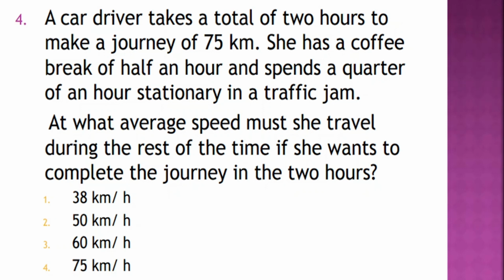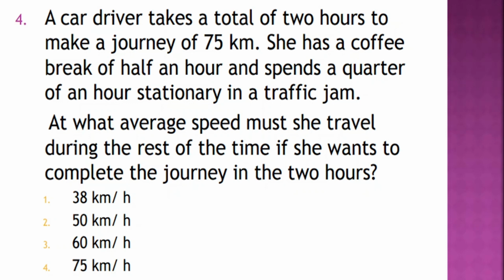After this, when she started to drive, she was stuck in a traffic jam for a quarter of an hour. It means that the total time that is wasted is half an hour and then a quarter of an hour, so that makes 3/4 of an hour. The total time for the journey that was given to her is 2 hours.